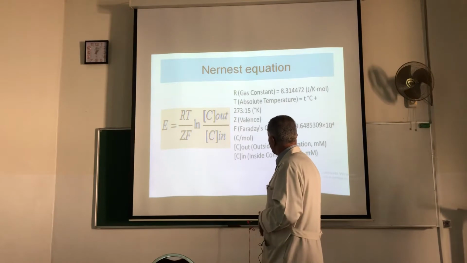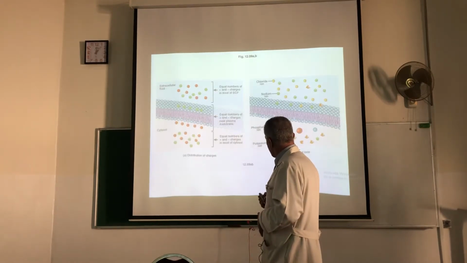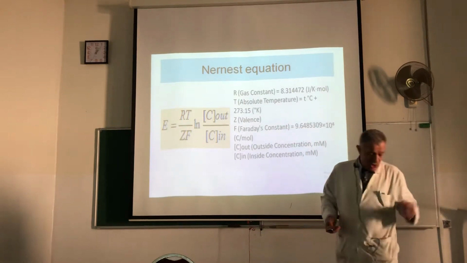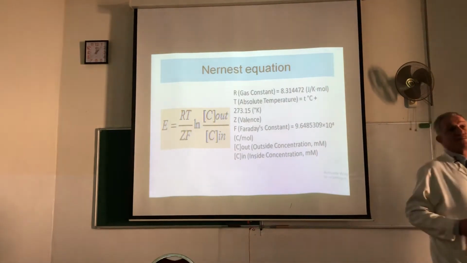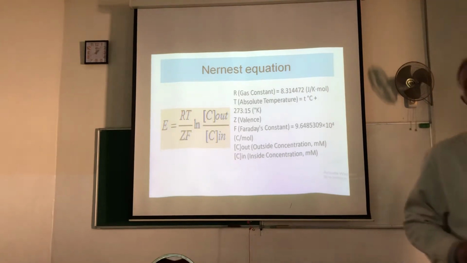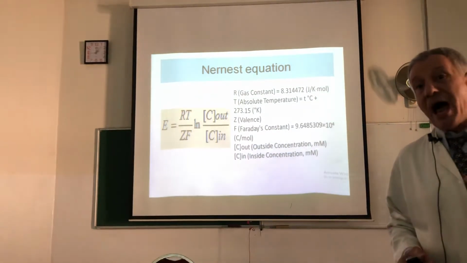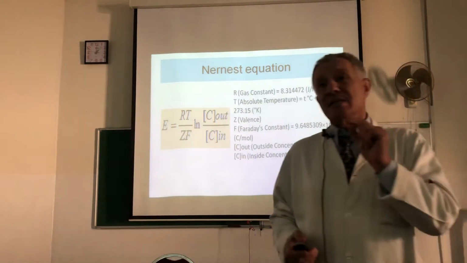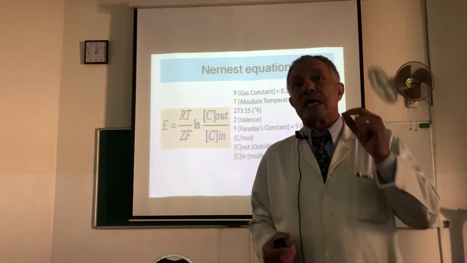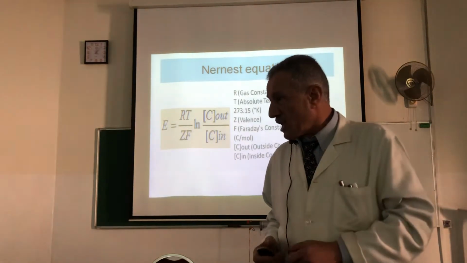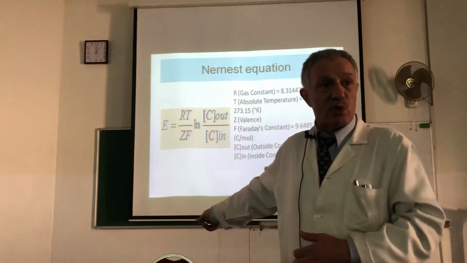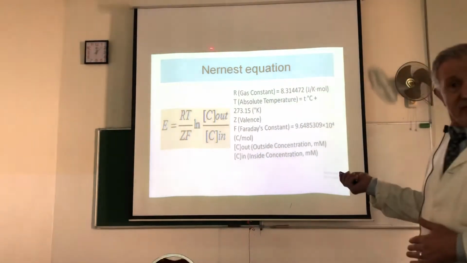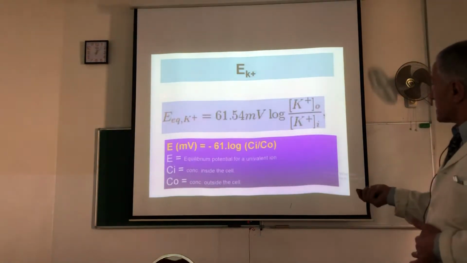We said we have differences in permeabilities, and the potential which can be created depends on which types of channels are more active or less active. We can calculate the equilibrium potential for each ion by using this equation, if you remember it, which is called Nernst's equation.